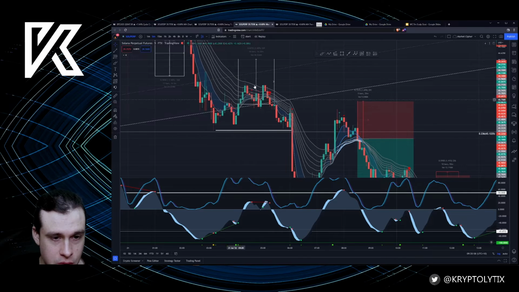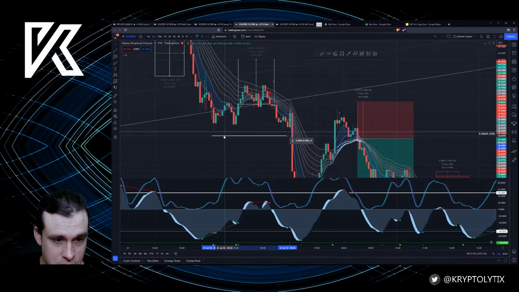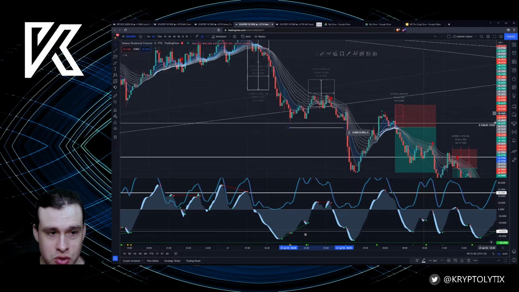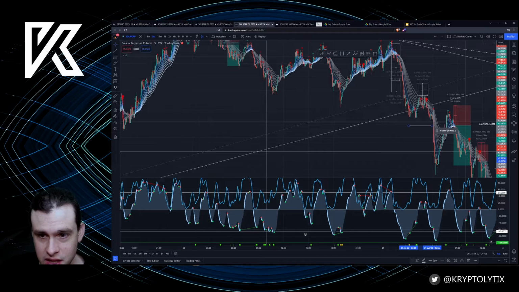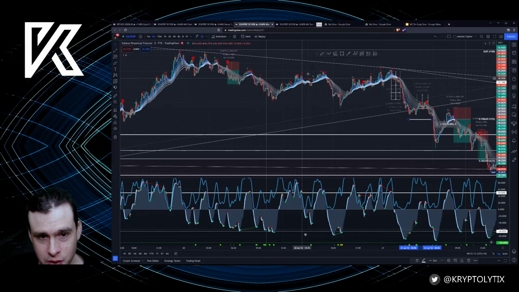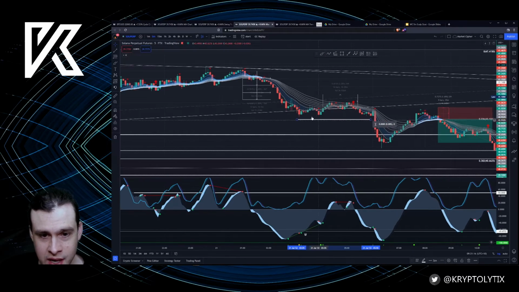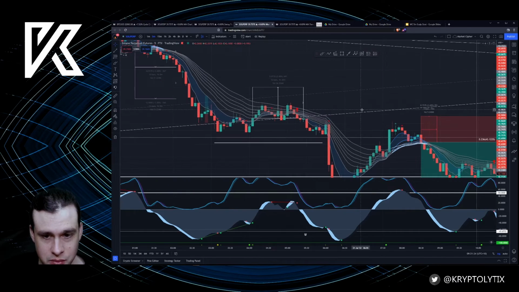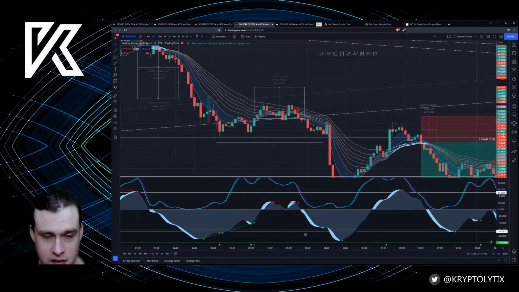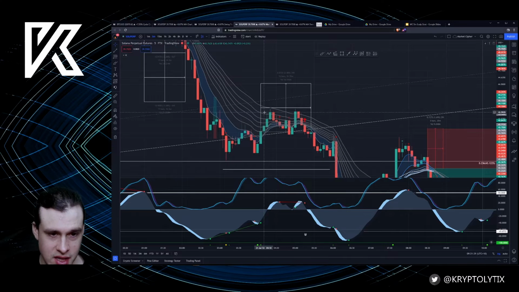So if you entered here and you put your stop loss, for example, just below the low, again, you're trying to counter trend trade at this stage, because you can quite clearly see if you zoom out the price action is forming lower highs and lower lows, and you're trying to catch a falling knife on this one. You're less likely to have success with trying to counter trend trade, but let's just say you robotically take it anyway, or maybe you take it with half of the position size that you would normally use.